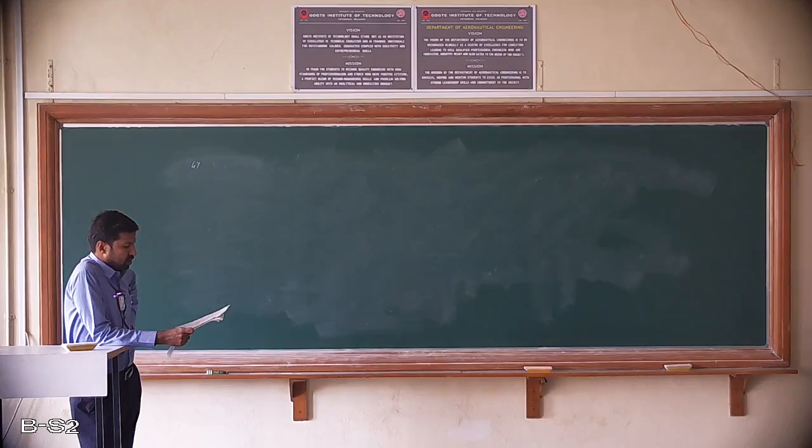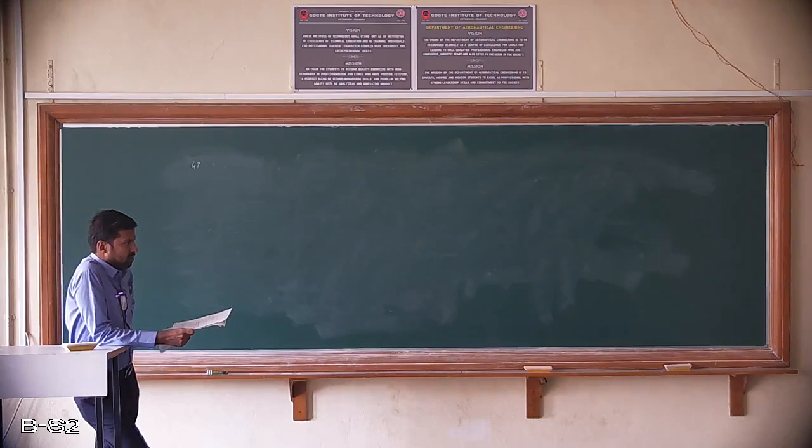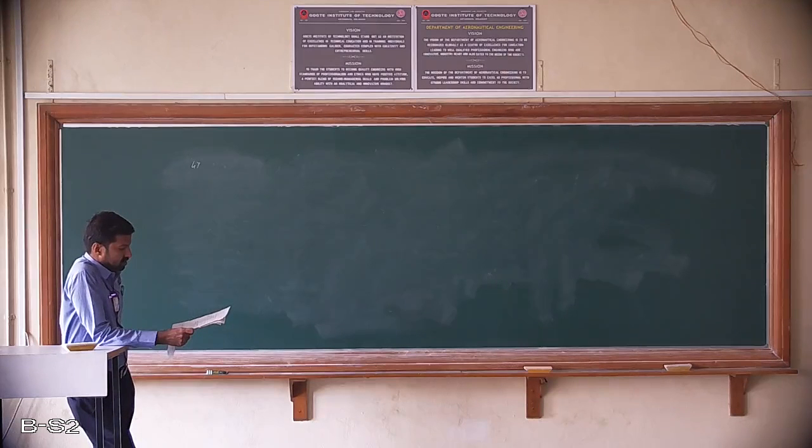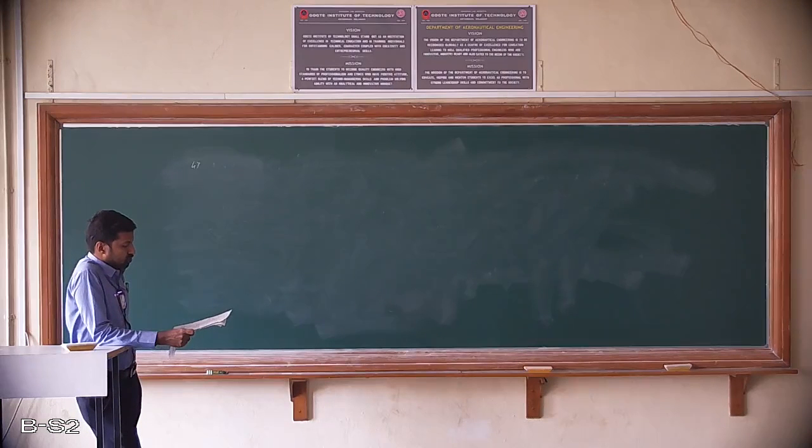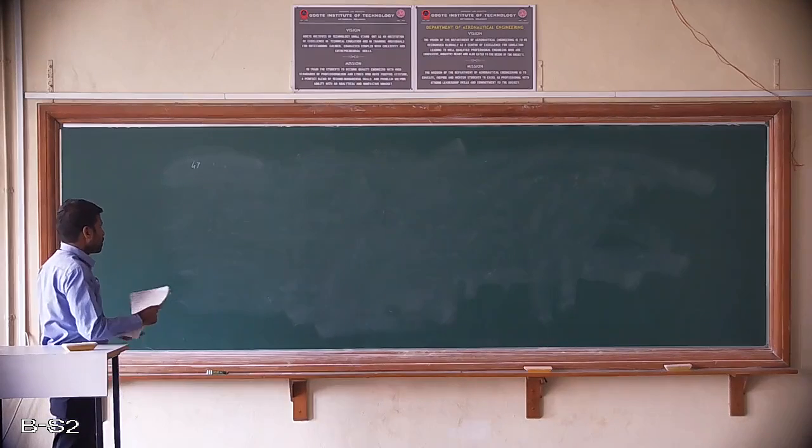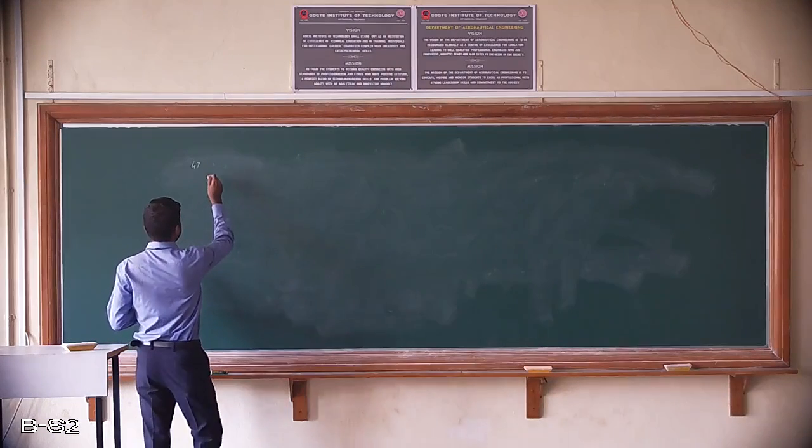Third one, logarithmic decrement. Fourth one, ratio of any two consecutive amplitudes. So first write down the given data.